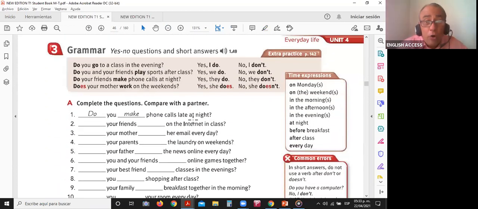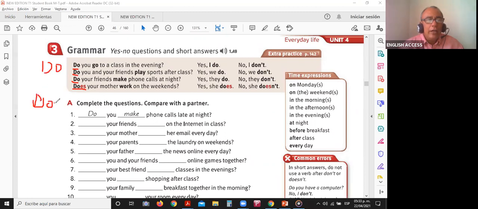To form questions now, as you can see, we are using the auxiliaries do and does. When do we use do or does?